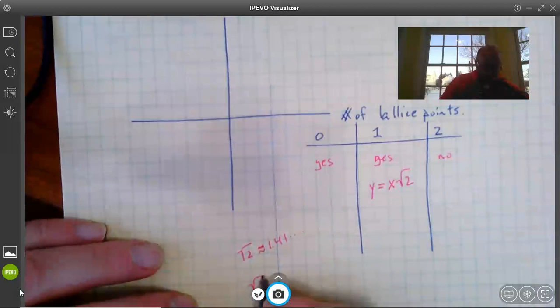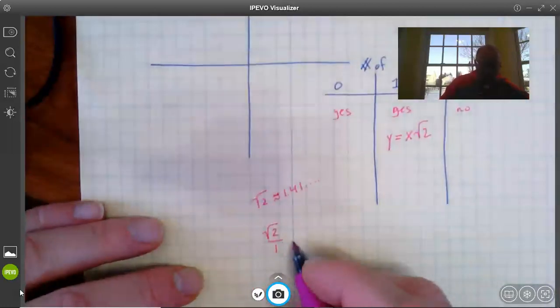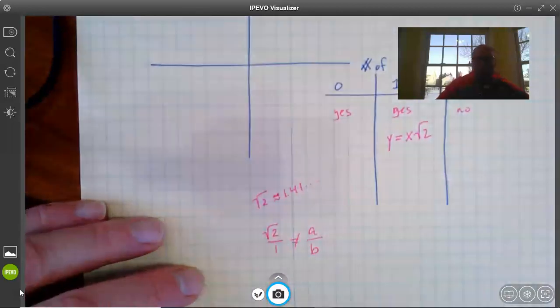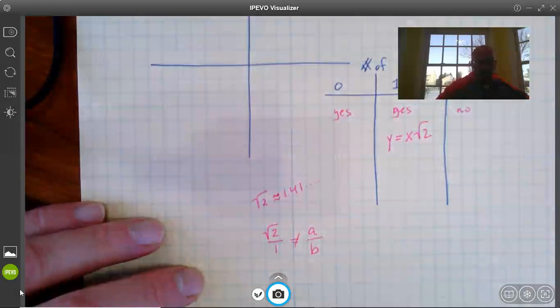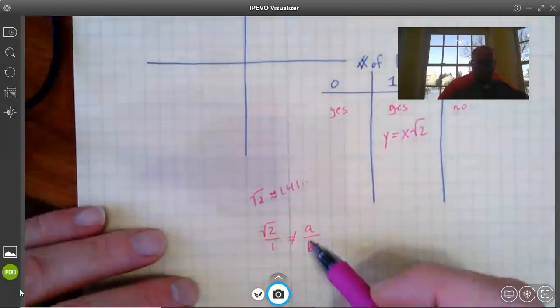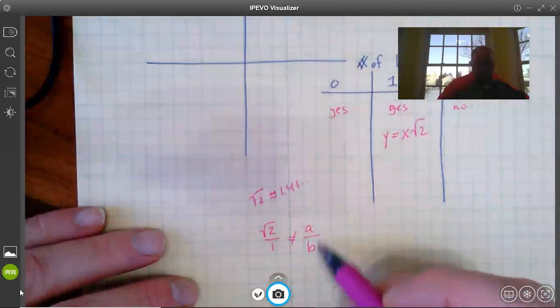What it really is, is that square root of 2, or I could write that as square root of 2 over 1, is never equal to a over b, where a and b are integers, meaning that I can't write it as a fraction with two whole number parts. Now, if we think of this as a slope, we could write it as a over b, rise over run.